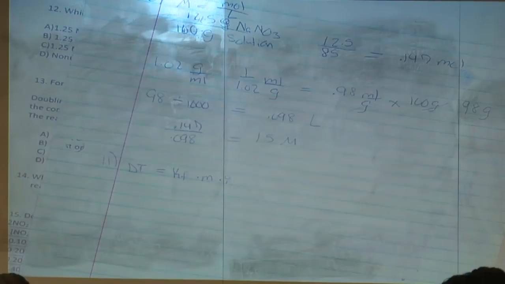Okay. Now we're going to move on to 11. So this is the equation we're going to use. I forgot to give you guys the KF, but they would give it to you. The KF depends on what the compound is, and in this situation, it's water. So the KF for water is 1.86. We're trying to find the grams, which we need to figure out the molality. So I'm just going to leave it as m.